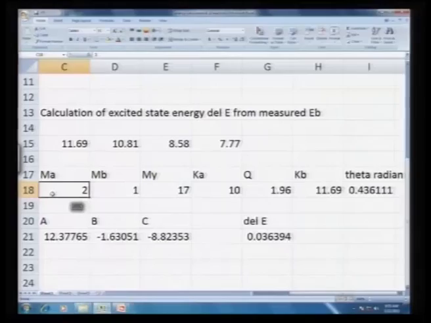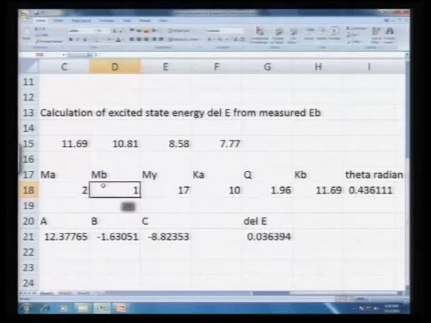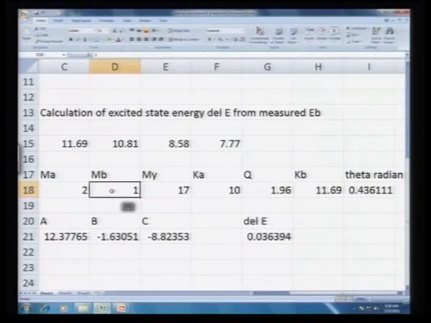Deuteron you have almost 2 AMU, because you will have 1 proton and 1 neutron. So, mass of A. This is mass of B. B is proton. So, that mass is taken as 1. I am doing an approximate calculation to just show that these equations can be utilized and these data can be utilized to get the excited energy levels.